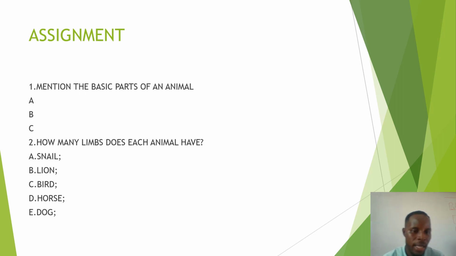So here you have a short assignment to do in your exercise book or notebook. The first one is mention the basic parts of an animal. A, B, C. You write them nicely.